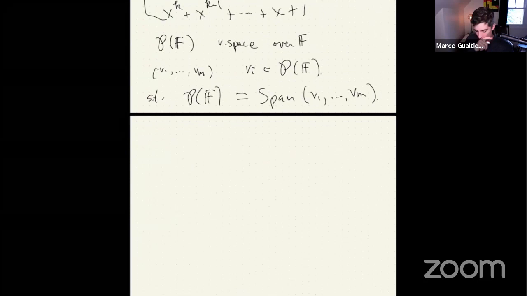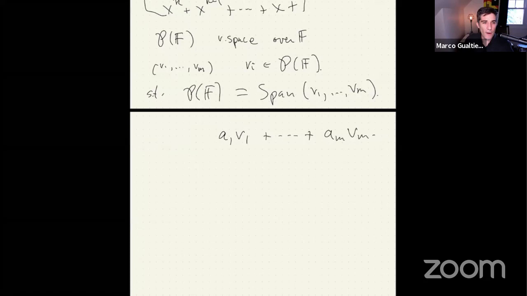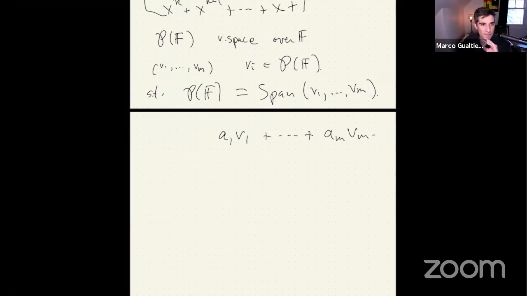That means that any polynomial at all, no matter how high the degree, has got to be a linear combination a1 v1 plus ... plus am vm, where the vi are fixed. They have to be completely fixed, and they need to be able to generate every polynomial.